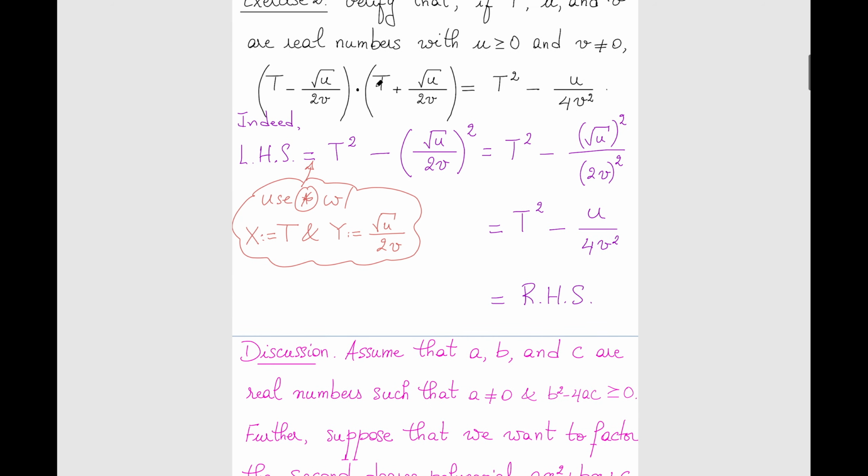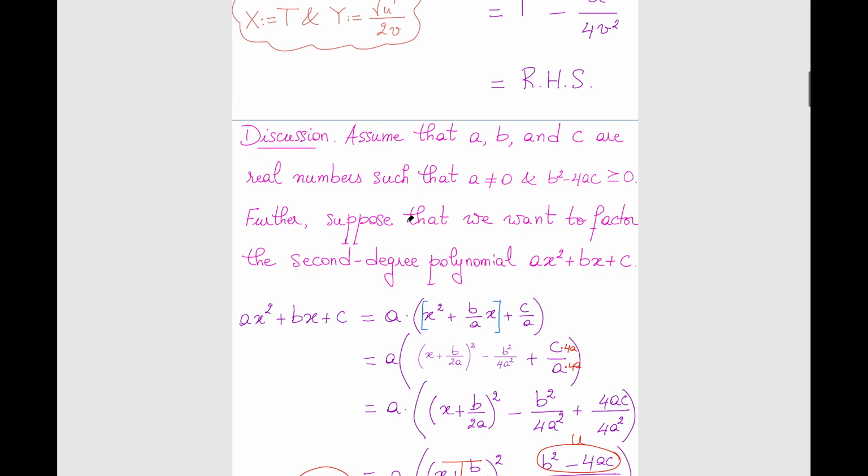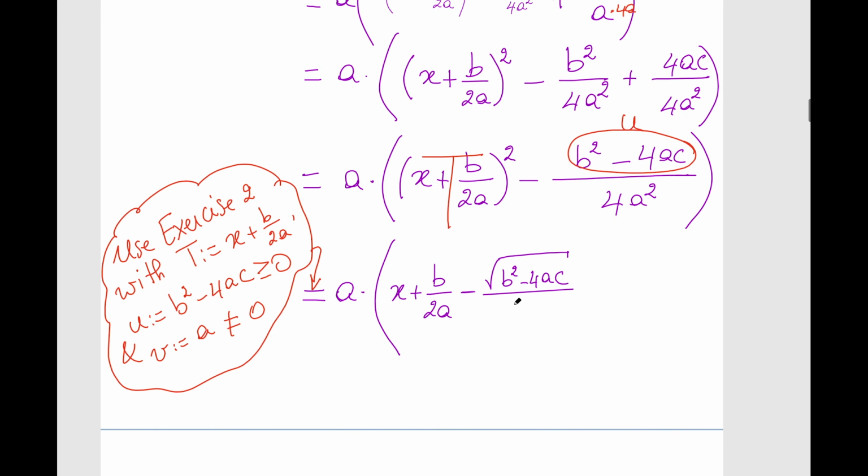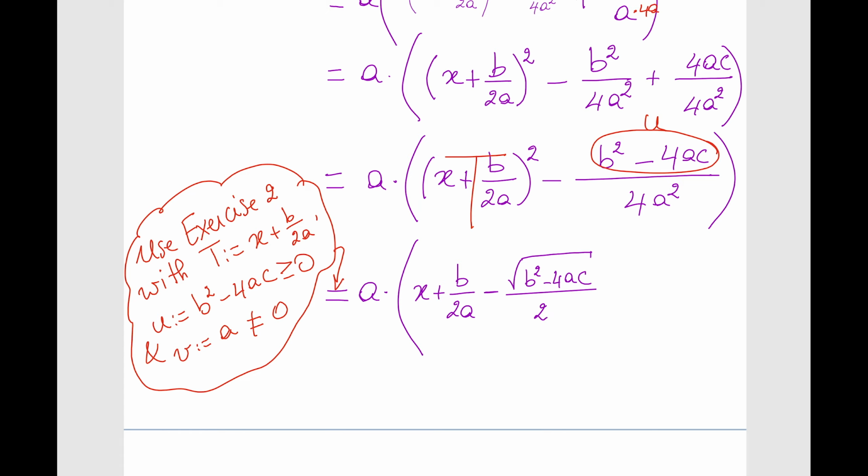And then the next factor is going to be the same, but with a plus sign. So I'm going to just copy it. This is the t part plus the square root of b squared minus 4ac divided by 2v, this whole thing like this. All right, makes sense?